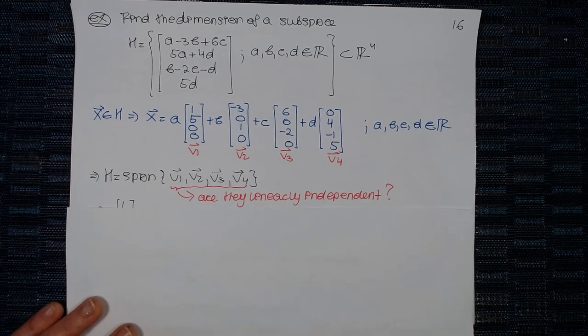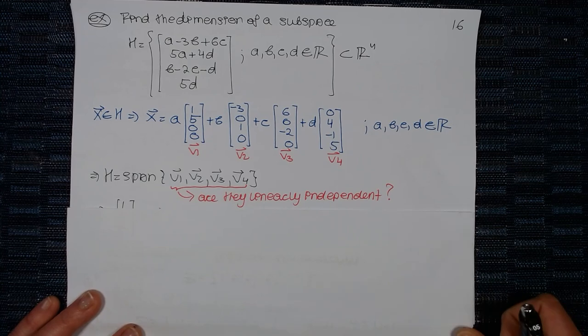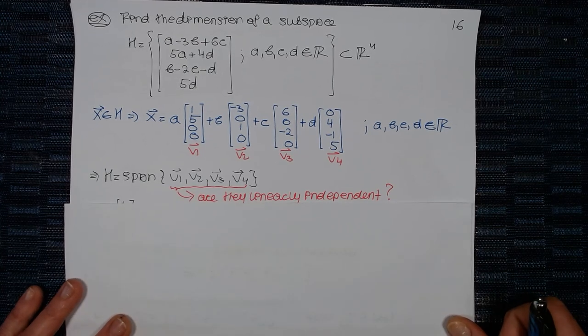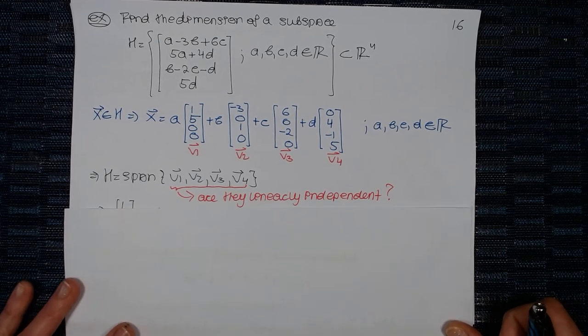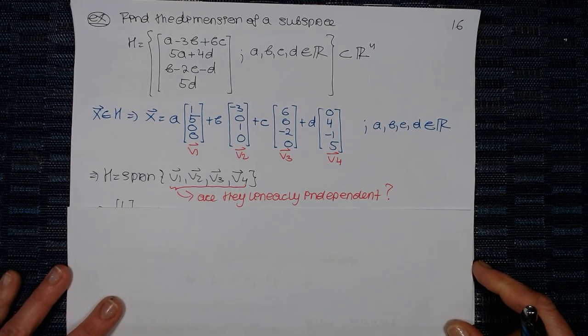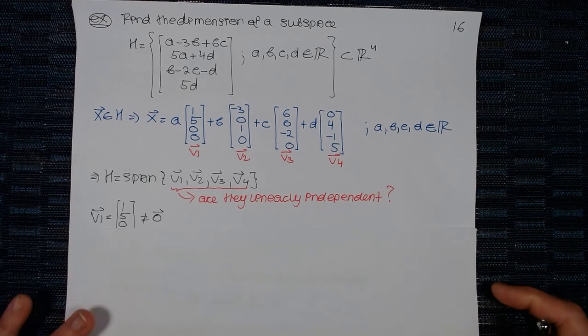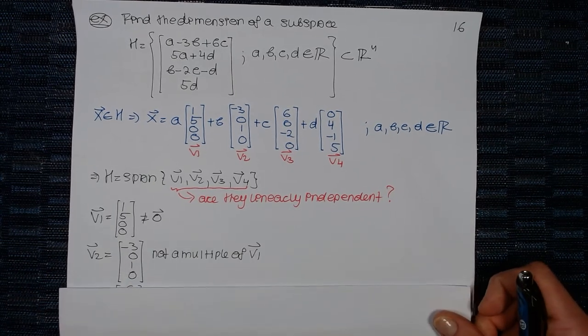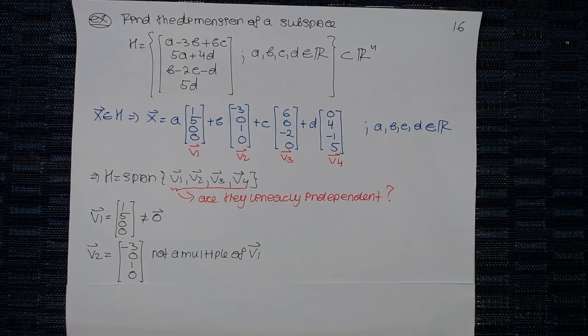So if I consider the span of those 4, the main question I need to answer is whether they're linearly independent. And there's a few ways to do it. You can put everything into matrix form, do your row reduction, look at your pivots and see if your columns are linearly independent.